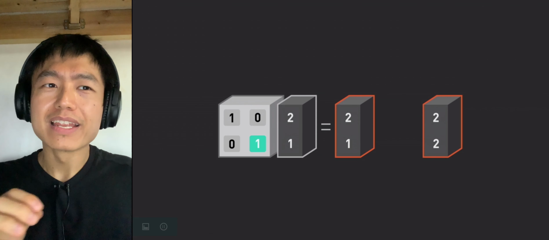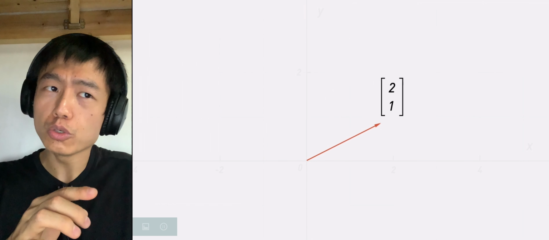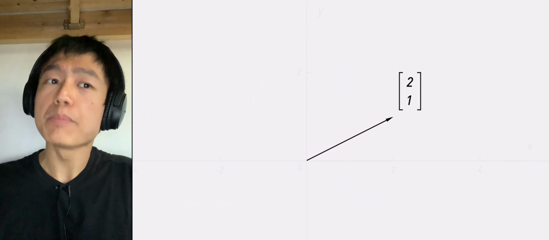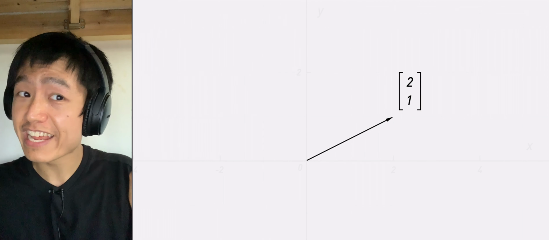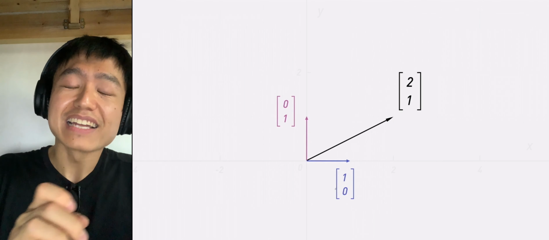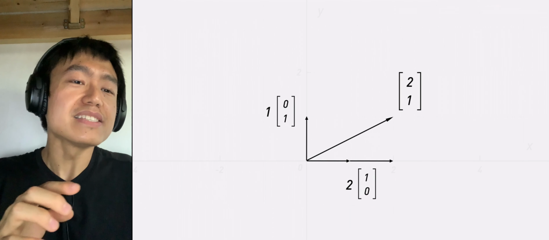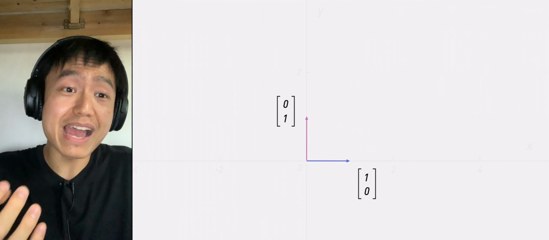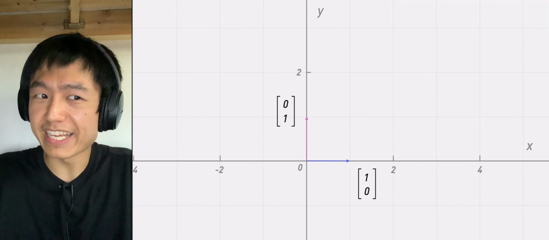First of all, I put the input vector 2, 1 in the coordinate system, and the process can be divided into 2 steps: find the basis vectors and multiply by the coefficients. Basis vectors are the basic tool for us to describe and categorize vector space.